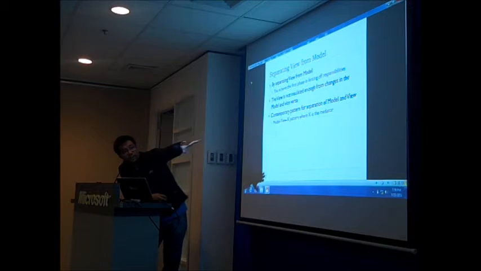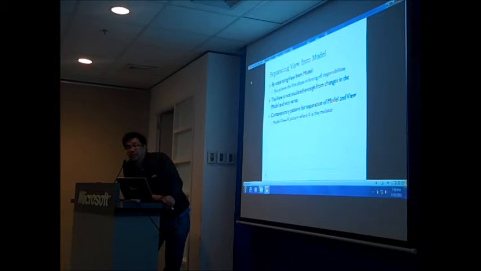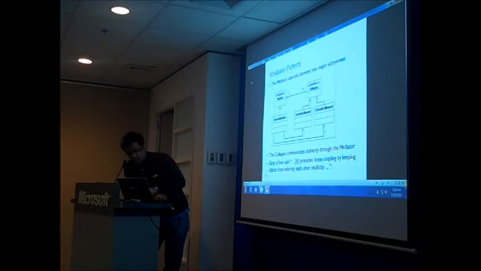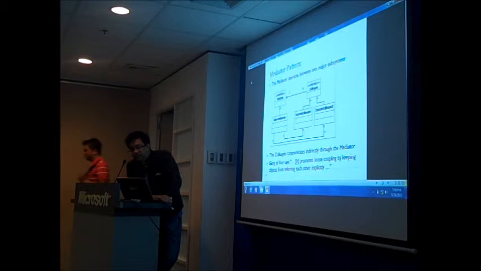As you could see there, we have the model view X pattern, wherein the X is basically the mediator. It mediates the interaction between the view and the model. The mediator pattern came from the book of Gang of Four. What it does basically is operate between two major subsystems.